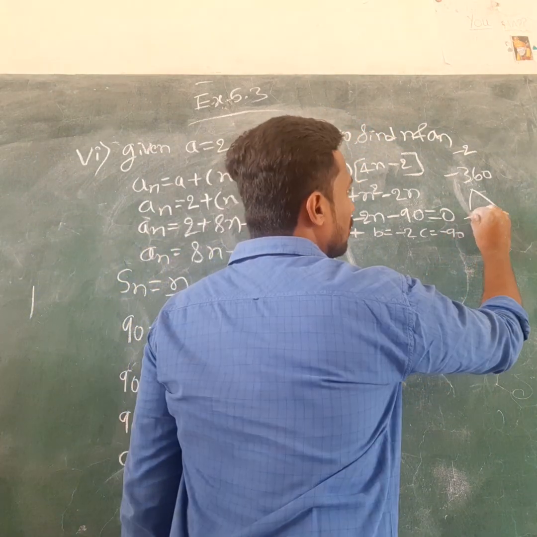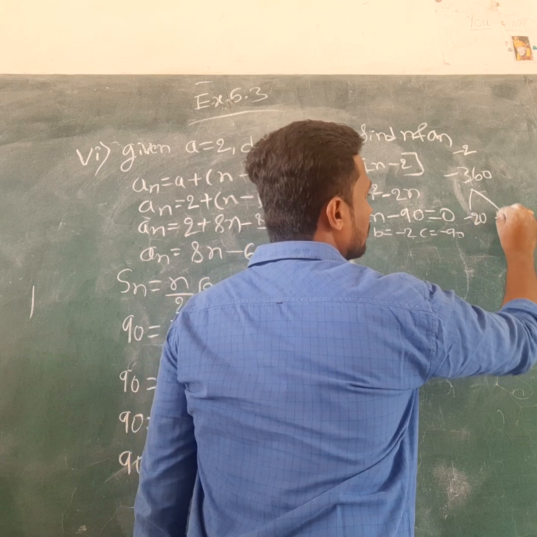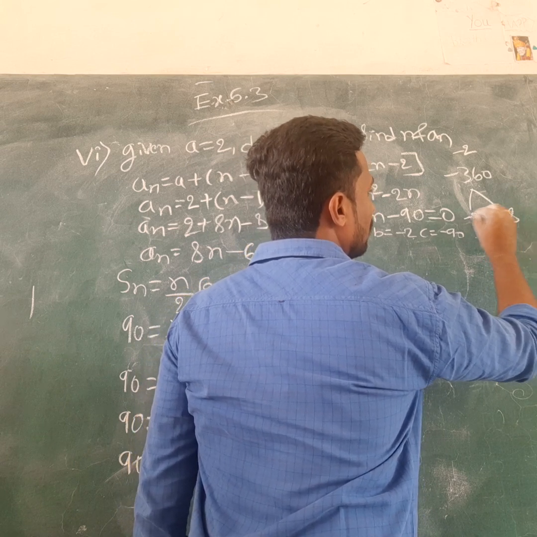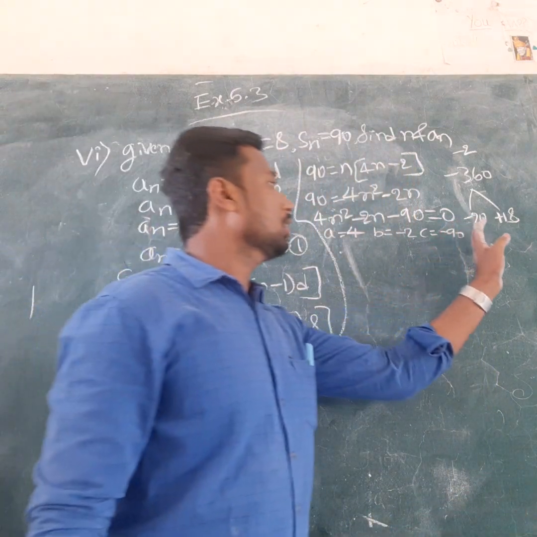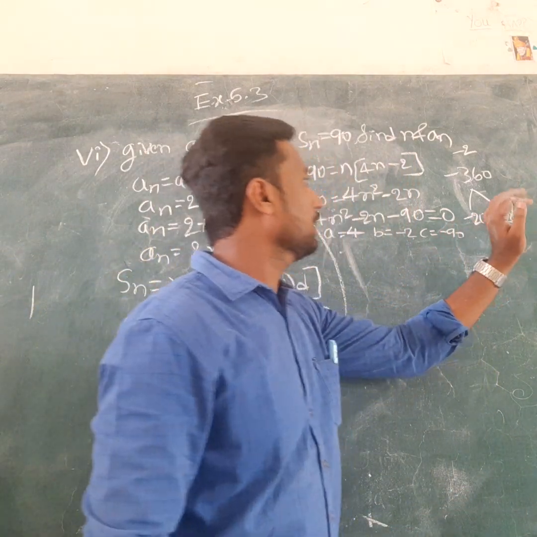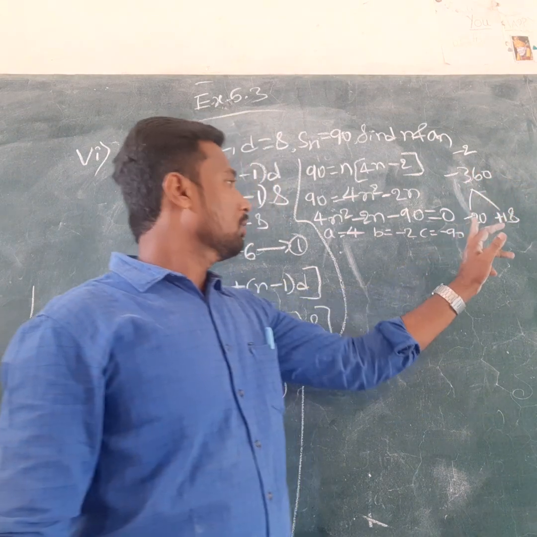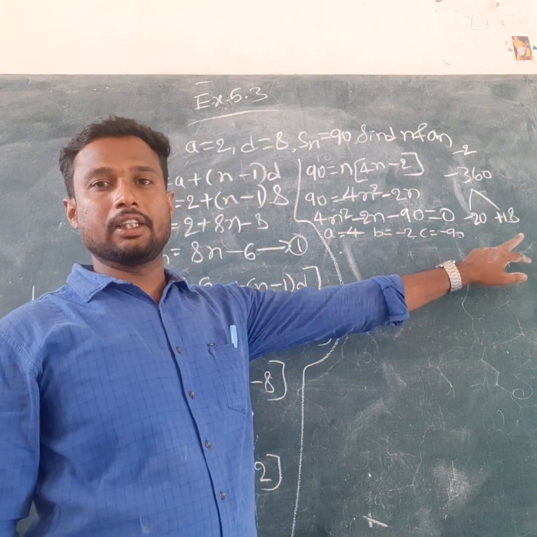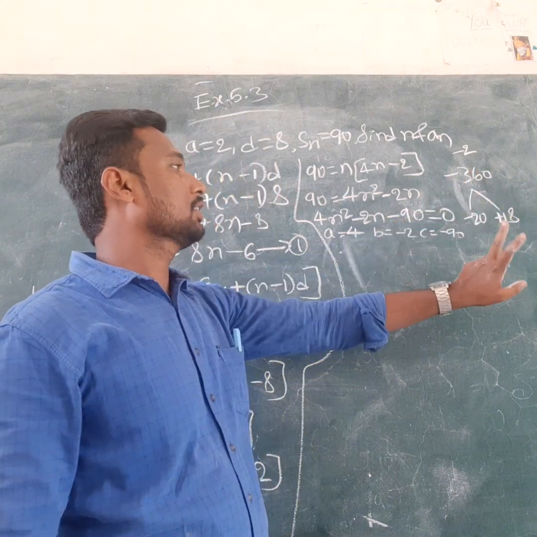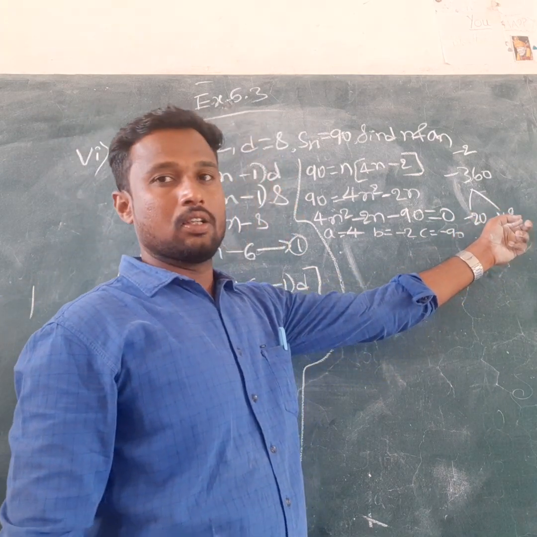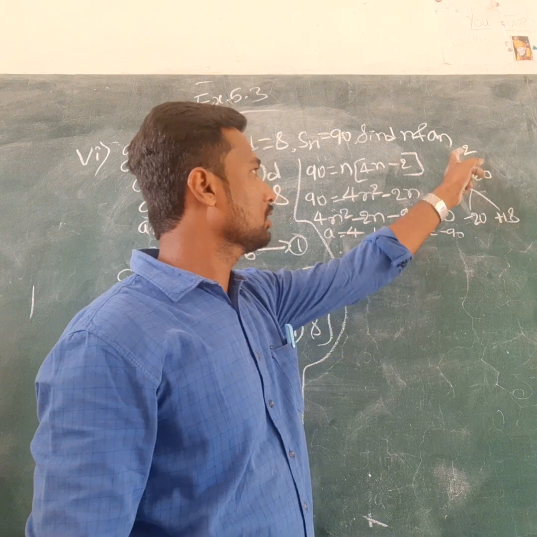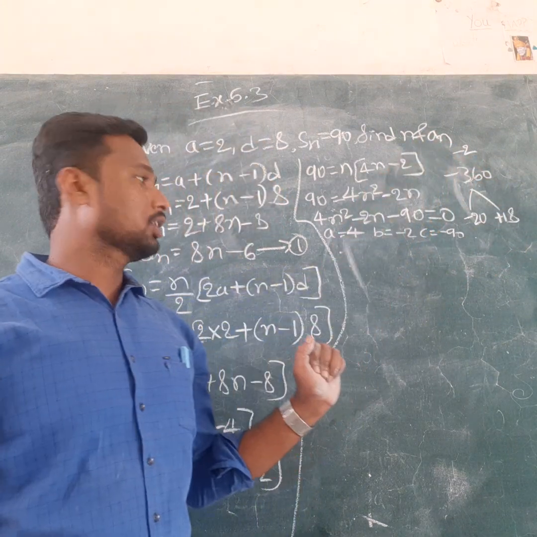So here minus 20 plus 18 are the factors. Why? When you multiply 20 into 18, you will get 360. Minus 20 into 18, the answer is minus 360. And if you add minus 20 plus 18, you will get the answer minus 2 only.